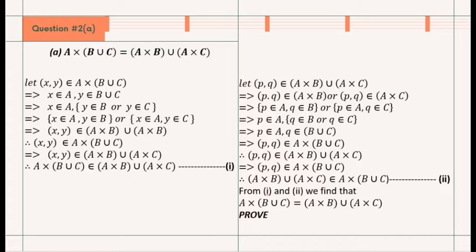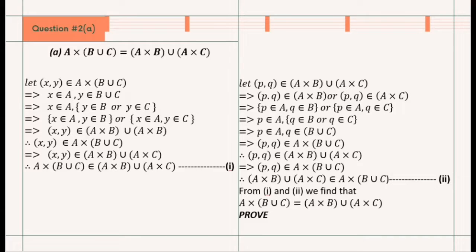Now this implies ordered pair (P, Q) belong to A cross B or (P, Q) belong to A cross C. Now using definition of Cartesian product, we know P belong to A, Q belong to B, or P belong to A, Q belong to C. Now we take P belong to A, then this can be written as Q belong to B or Q belong to C. And again, by definition of union, Q belong to B union C, so this implies ordered pair (P, Q) belong to A cross (B union C).